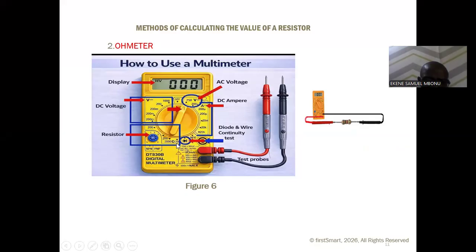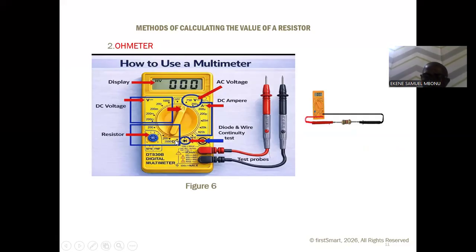If you don't have a rough idea of the resistor you are having, you can start with a smaller range. If you put it at 200, if it's not reading anything, if it's reading 1, then know that the resistance is above 200. Then you put it on 2000. Some meters will write 2K, 200K.